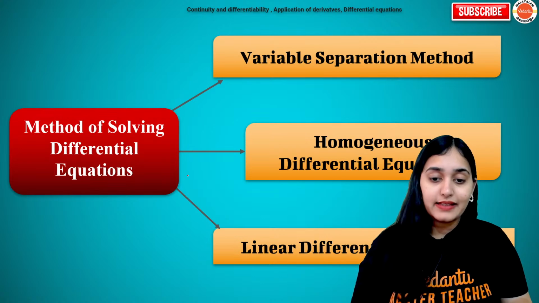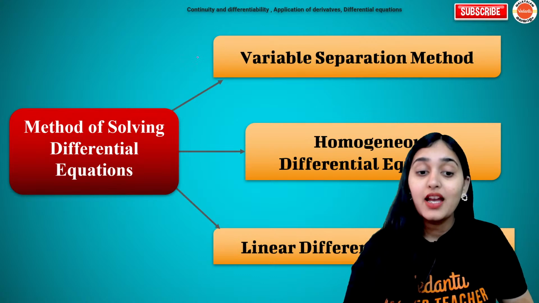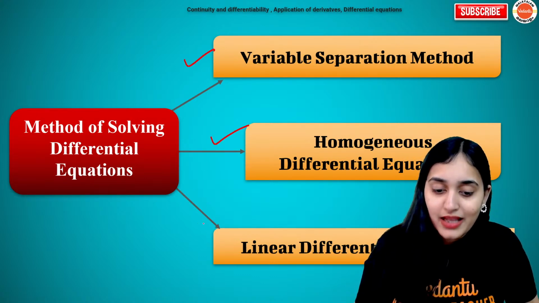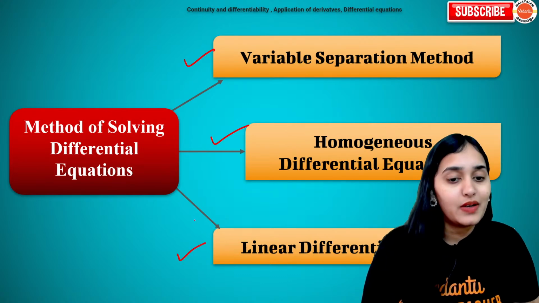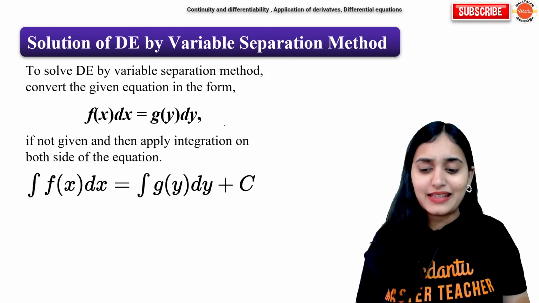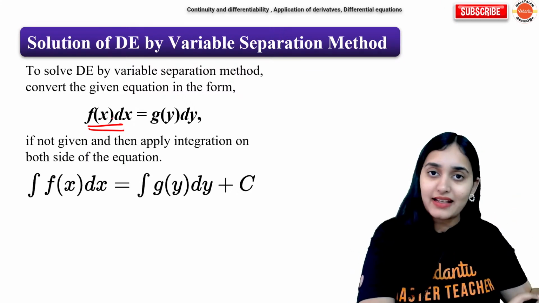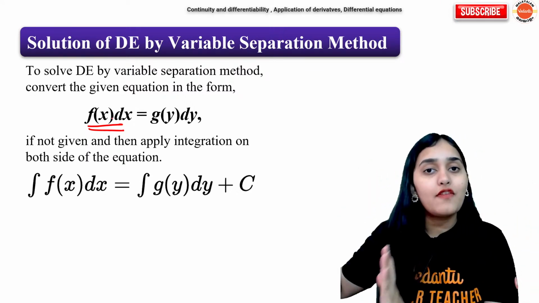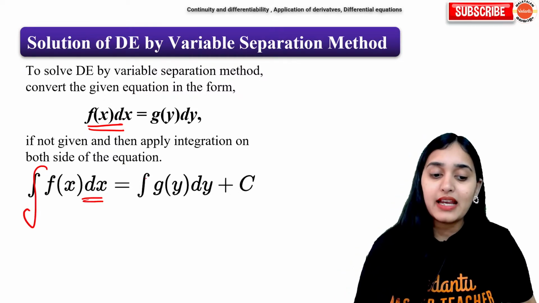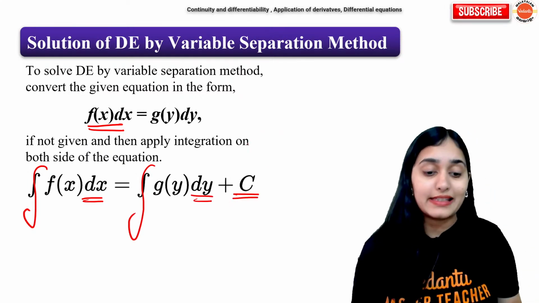Alright. Next, there are three methods for solving any differential equation. Number one, variable separation method; number two, homogeneous differential equation method; and number three, linear differential equation method. Number one is variable separation. Variable separation says that you bring all the functions of x with dx, you bring all the functions of y with dy, and you integrate. You integrate with respect to dx, you integrate with respect to dy, and add an integration constant.